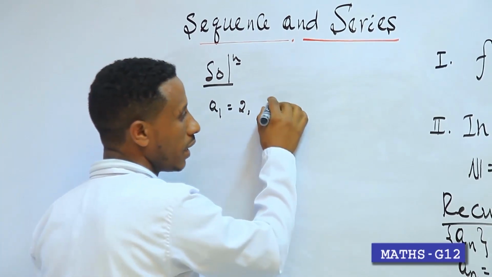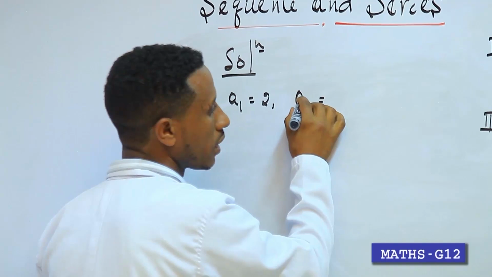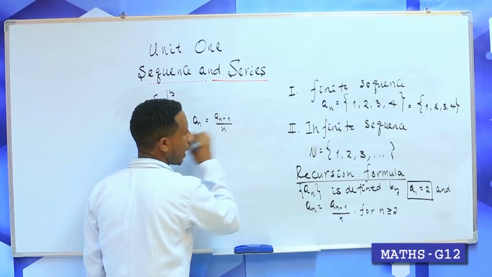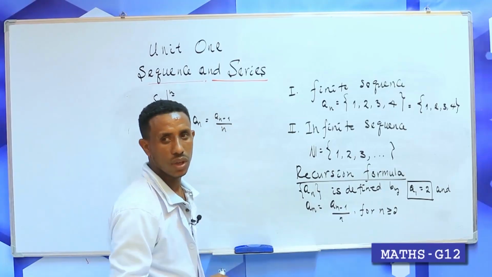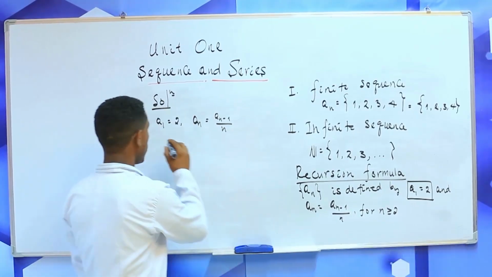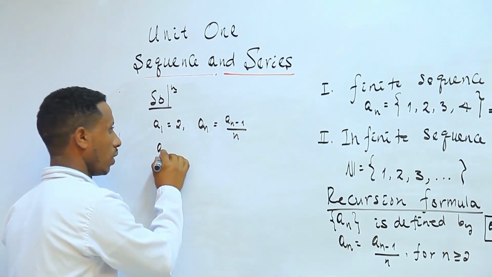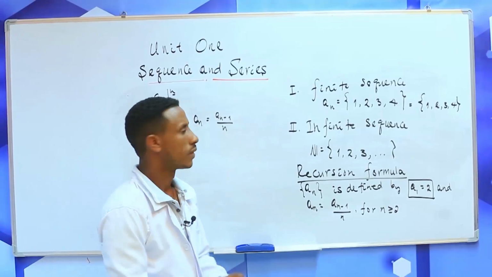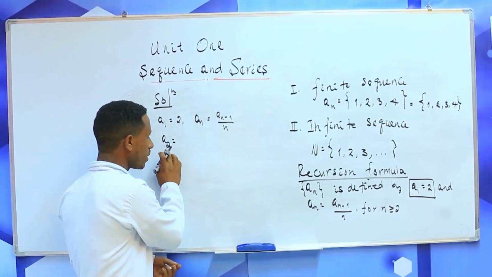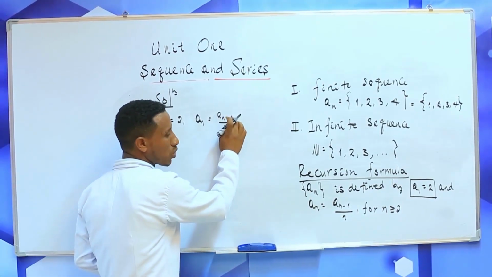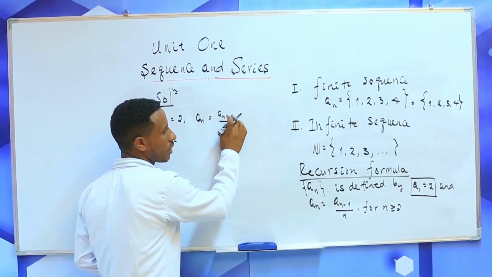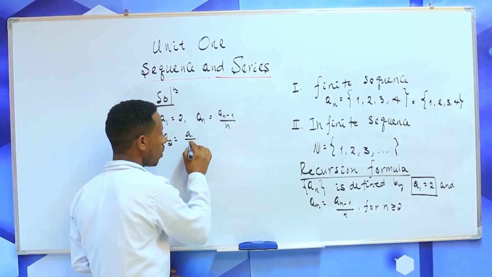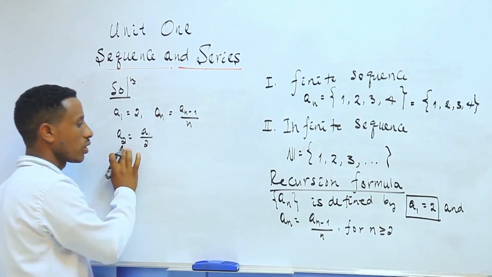And An is An minus 1 over n for all n greater than or equal to 2. So, what do you think is the second term? Okay, A2 is A2 minus 1 term, that is A1 over what? Over 2, because our n is 2.